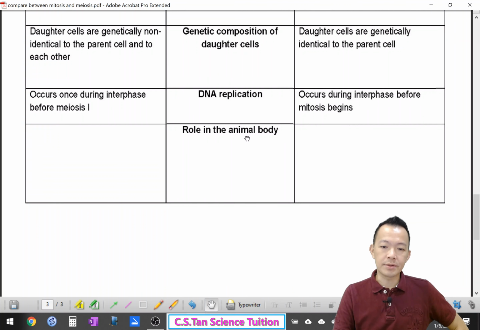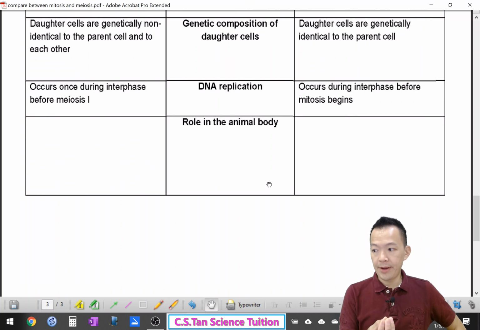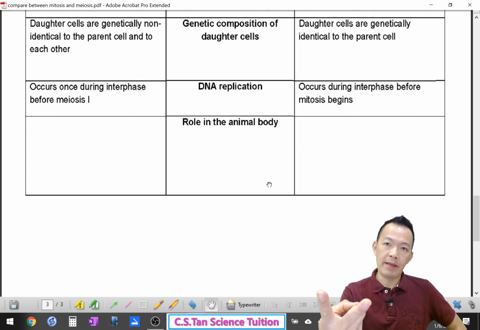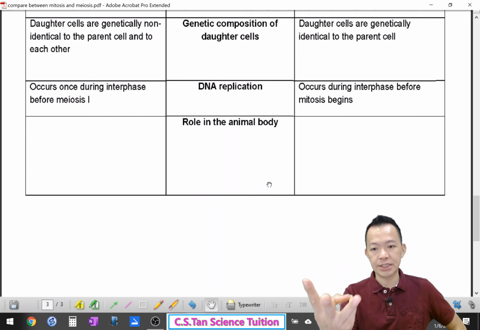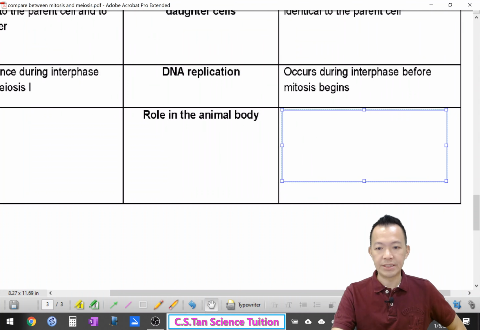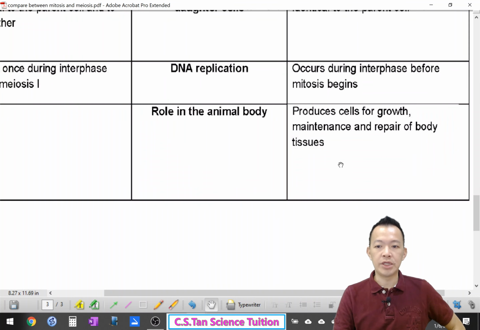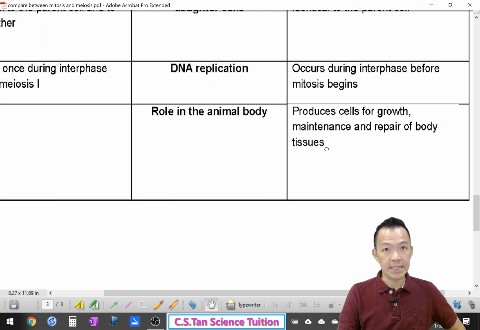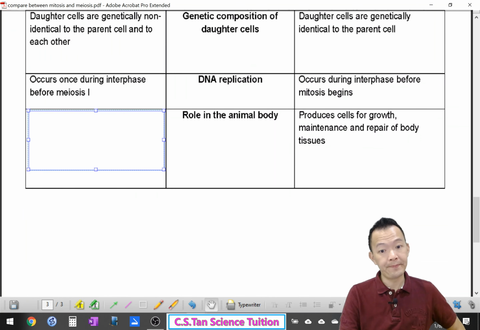The roles in the animal body. Mitosis builds new cells for growth, repairs old and damaged cells, and enables some asexual reproduction. So it produces cells for growth, maintenance and repair of body tissue.